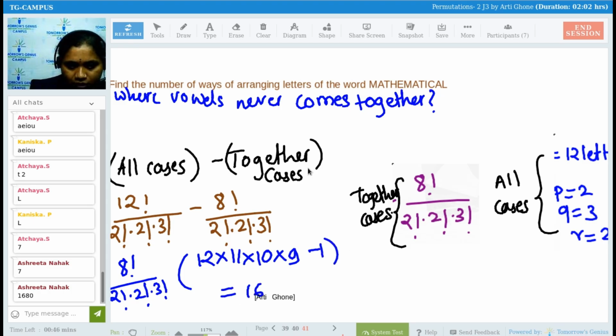So this one is answer 1680 we calculated previously, into, do this one, 12 into 11 into 10 into 9.